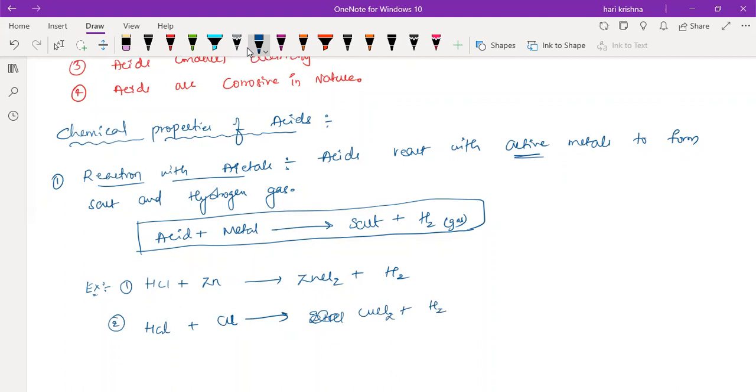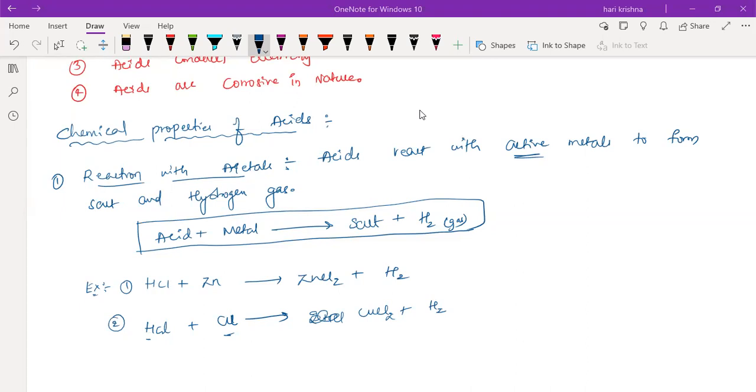Okay, but is copper more reactive than hydrogen here? Copper is less reactive, sir. Copper is less reactive than hydrogen, right? Yes, sir. So whatever the concentration of the acid, copper cannot displace the hydrogen from the acid.